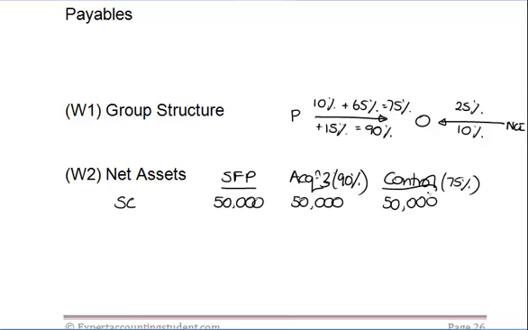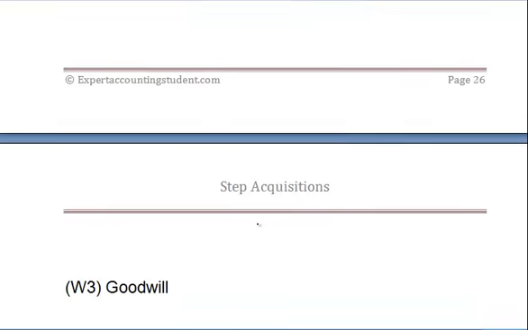In terms of reserves, we've got the reserves of Owl at the SFP date, so I'm going to put that into working number 2. And we also have the reserves of Phoenix, our parent company, and those reserves are 195.